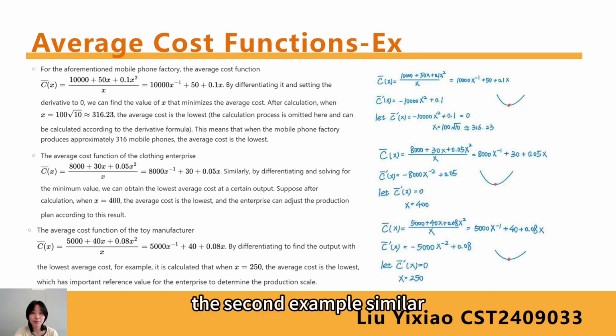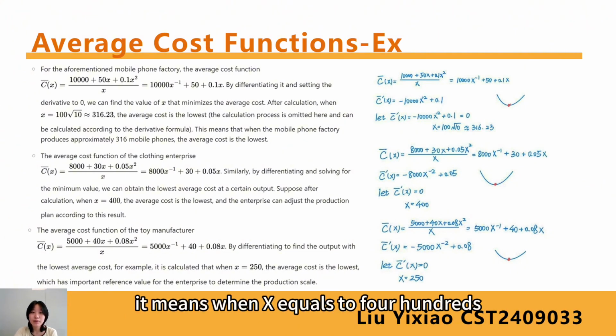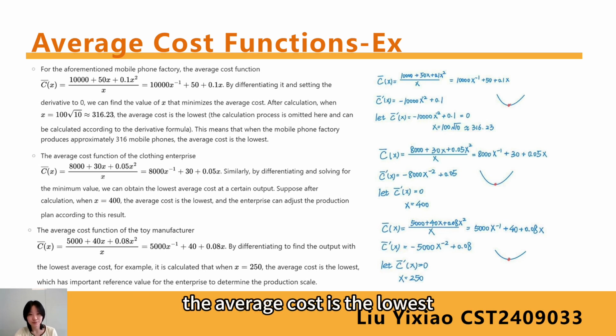The second example is similar. Let the derivative of the average cost function equal 0 and get 400. It means when x equals 400, the average cost is the lowest. The third example now is easy, right?